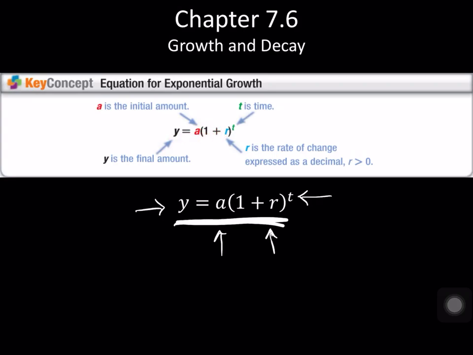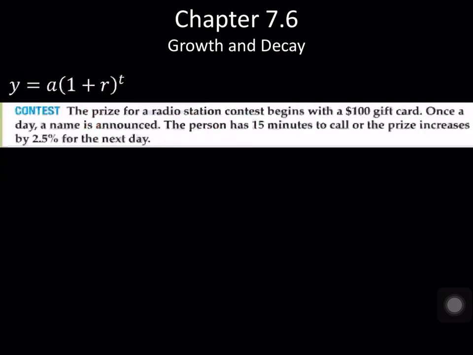It's what we end up with. Okay, so those are the 4 pieces that we might have as an unknown, and as long as only one of those pieces is unknown, then we should be able to plug into this formula and algebraically manipulate to figure out what our missing piece is. Okay, so here's our first problem.